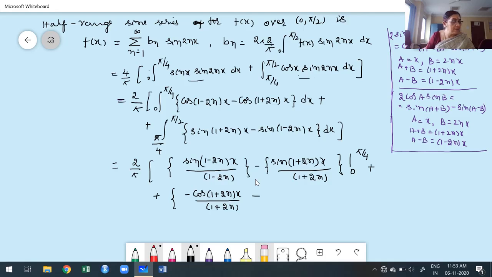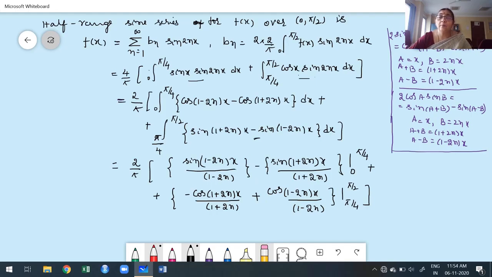The integration of sine is minus cos, and we already have one minus sign here, so minus into minus is plus cos of 1 minus 2n into x divided by the coefficient of x, 1 minus 2n. What's the limit? Pi by 4 to pi by 2. Okay, fine. Close the bracket.